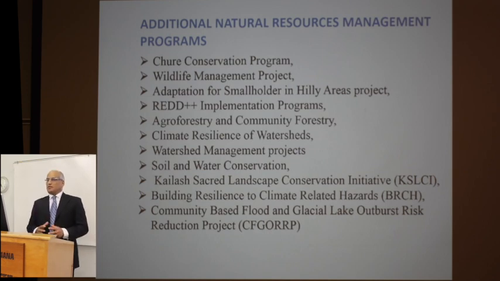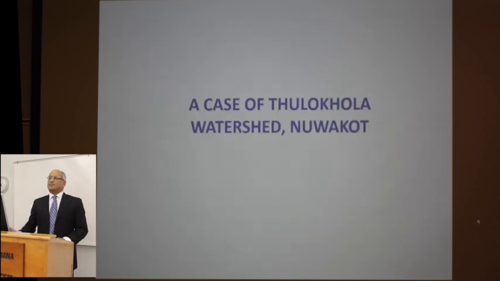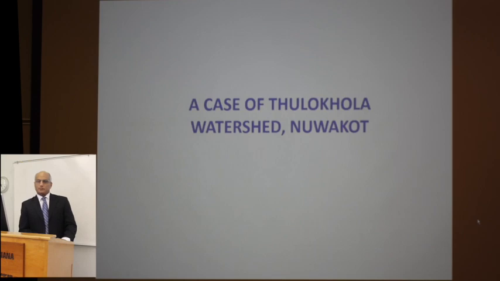As a result, there is a challenge of close coordination on those programs and activities. They are very important for successful agricultural development and also natural resource management in the country.